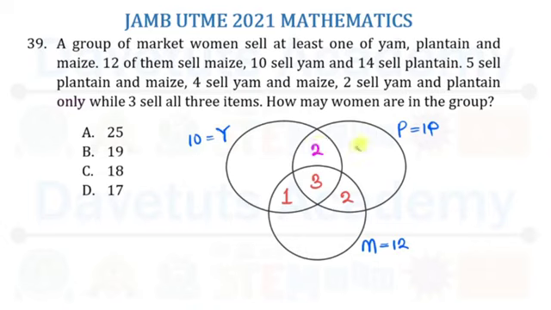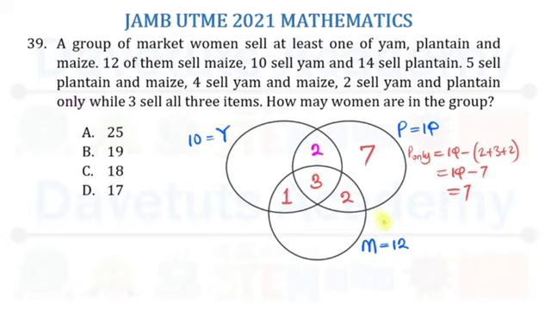Okay? So already we are told that plantain is 14, but we have 2, 3, and 2 taken out of those 14. So if I want to get plantain only, which is this region here, it will be 14 minus those that we've gotten before, 2 plus 3 plus 2. So that will be 14 minus 7, which is 7. So this is 7. The same thing with maize. Maize was given as 12.